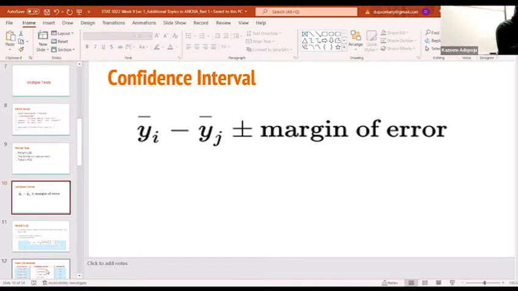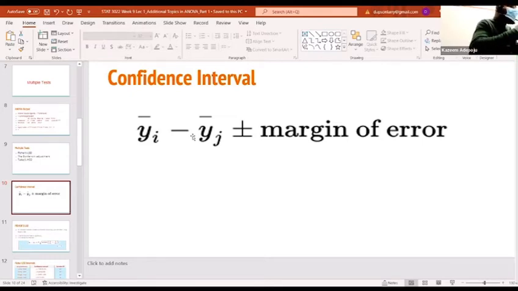But there is something that will be the same all the time. This guy is always going to be the same: Y bar I minus Y bar J, which we call the point estimate of the difference between two groups.